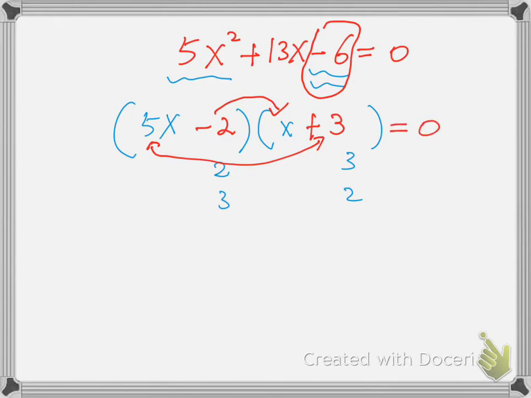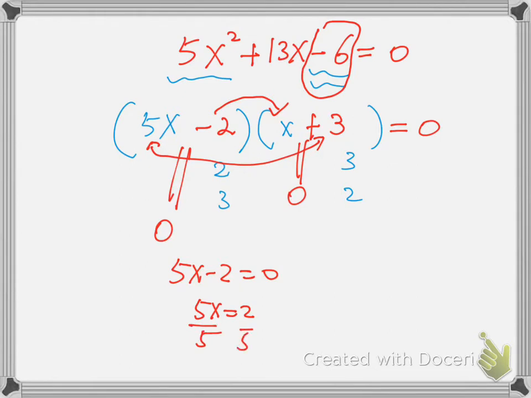The product is equal to 0, that means this one equals 0 or that one equals 0. So 5x minus 2 is 0. We get 5x is 2, divided by 5, x is 2 over 5. If x plus 3 is 0, we get x is -3. So again, two solutions, 2 over 5 and -3. So this is the factoring solution.